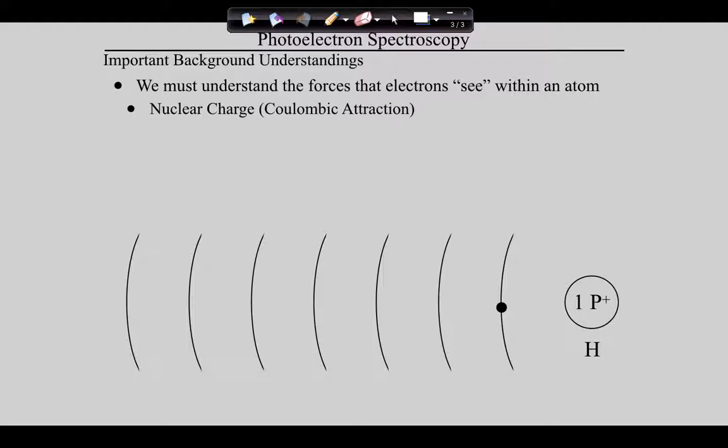There's a name for that. That is what is called a Coulombic attraction. It's not a term you'll be tested on, but we may as well call it what it is.